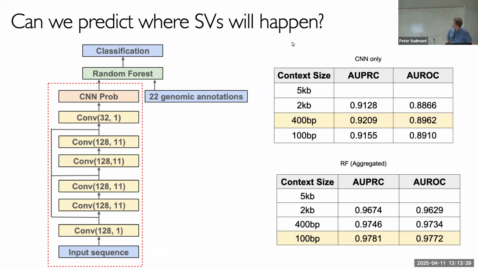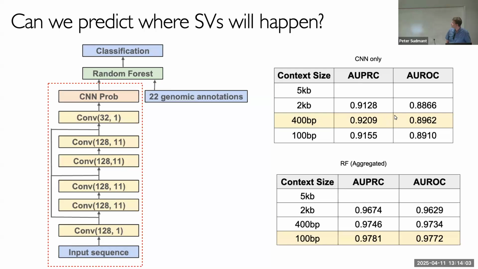So here's just the neural net only, and different window sizes, right? So let's look at a 400 base pair window size, for instance. And this is the area under the ROC curve, the receiver operating characteristic, and then this is the area under the precision-recall curve.